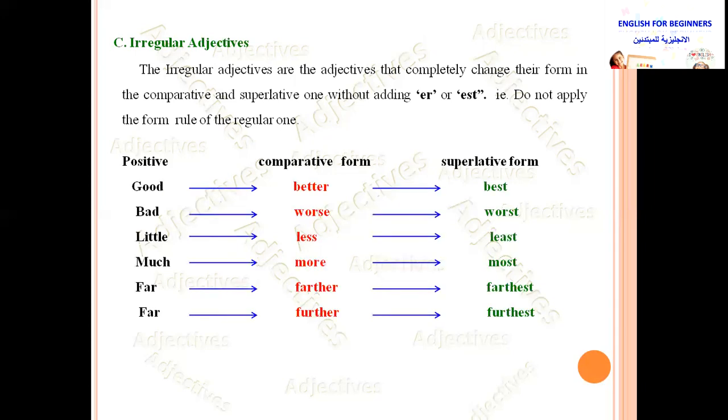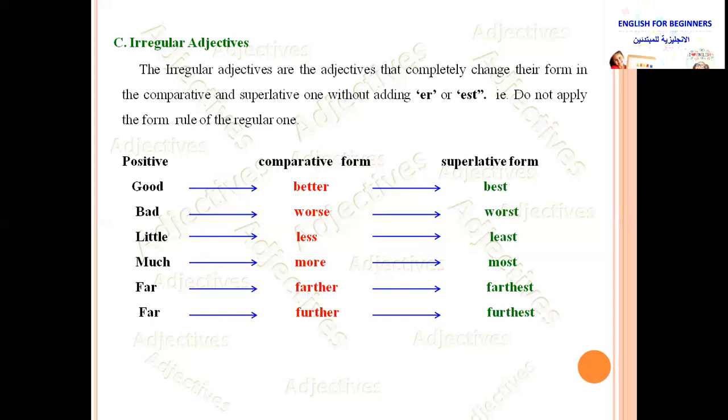I have here some irregular adjectives like good, bad, little, much, far, and far. Both of them, far and far, seem similar, but they differ according to the meaning in the sentence. For good, the comparative is better. The superlative is best. Bad, in the comparative, worse.